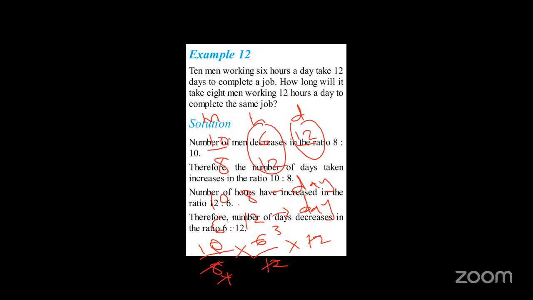Then here 2 goes here, 2 goes 5. How many? 5. So we're going to have 5 times 3 which is 15. Hapa juu tutabaki na 2. So we can be able to rewrite it as 7 and a half days.